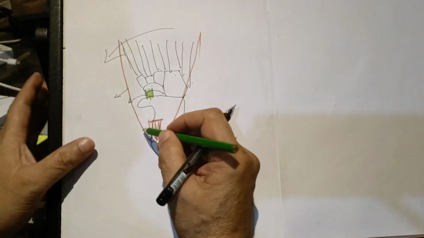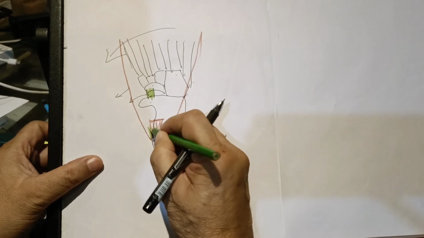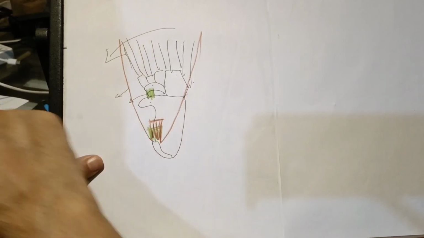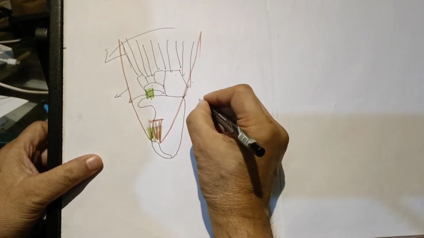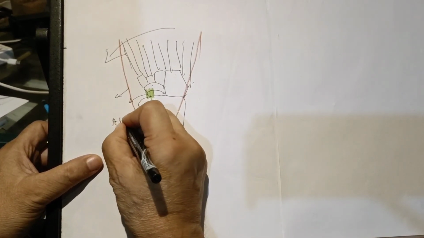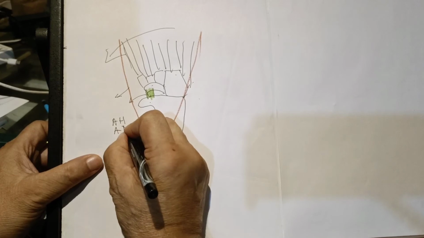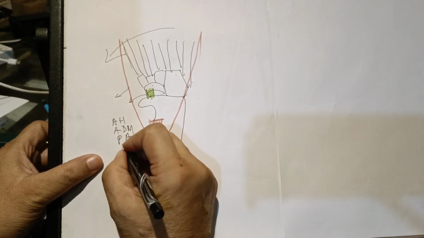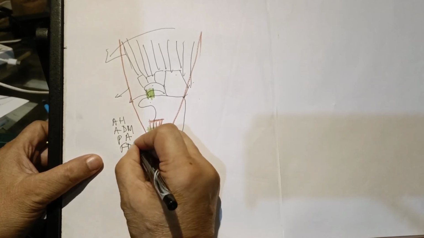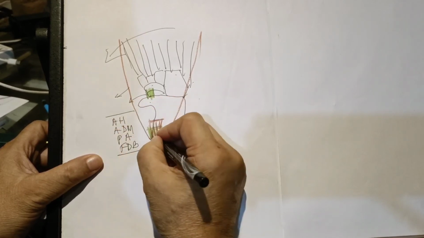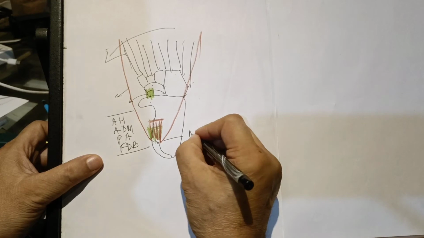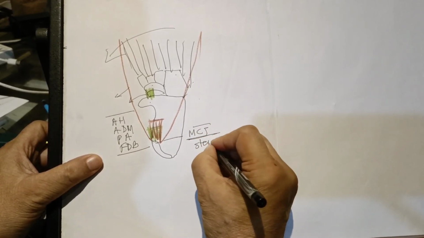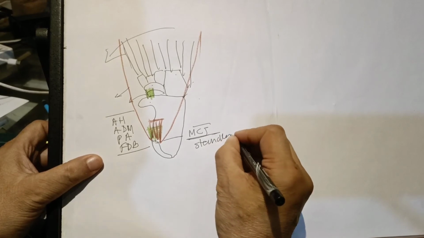It also attaches the plantar aponeurosis. So all these 4 structures, the abductor hallucis, the abductor digiti minimi, the plantar aponeurosis and flexor digitorum brevis are released from the medial calcaneal tuberosity, and this operation is called Steindler's operation.